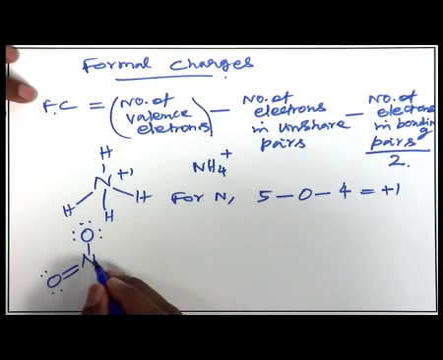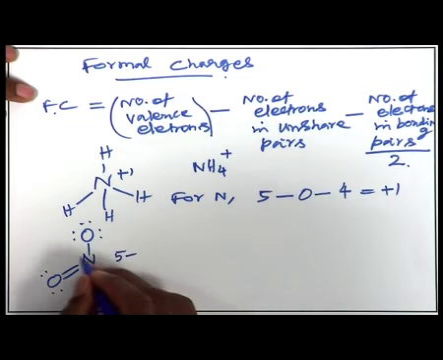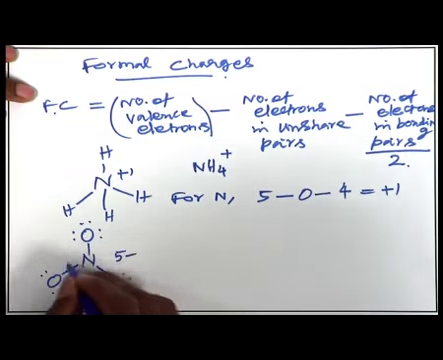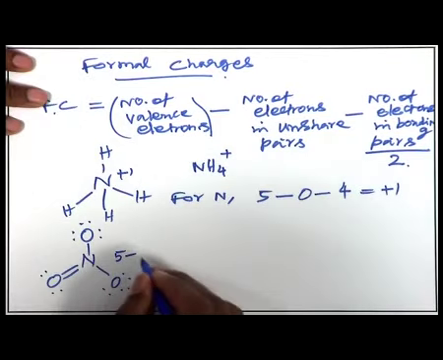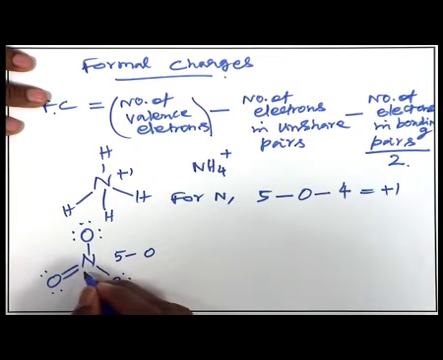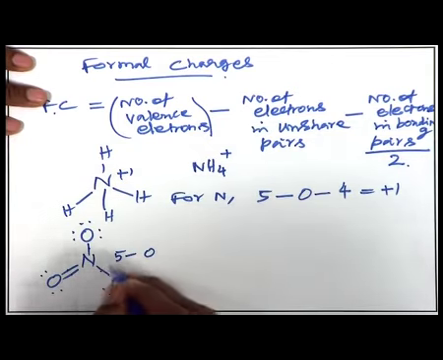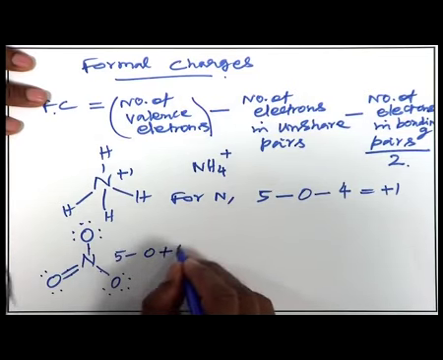Now for nitrogen, the valence is 5, minus the number of electrons in lone pairs on the nitrogen atom. There is no lone pair, so that means 0. Then the number of bonding electrons: here there are 4 bonds, 1, 2, 3, 4, so 8 electrons.